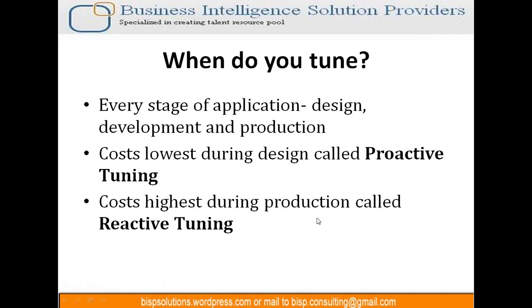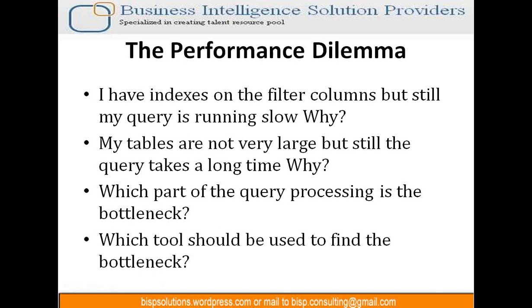Now, what is the performance dilemma that we face most of the time? What are the statements we come across, or what comes to our mind? Say, I've got indexes on my filter columns, but still my query is running very slow. Why? Or my tables are not very large, but still my query takes a very long time. Why?